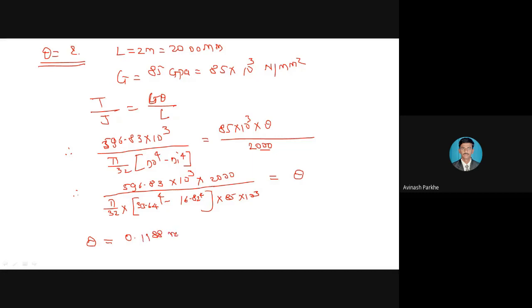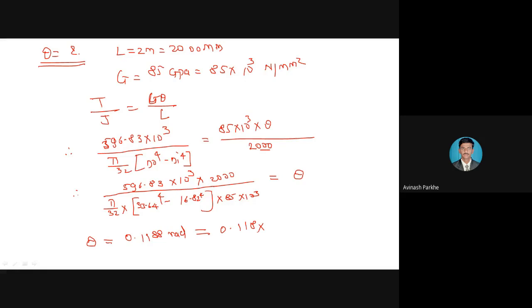0.1188, I think, is the answer. 0.119. I can consider 0.1188 or 0.119, it is also accepted. No problem. To convert from degree to radian, we multiply by pi by 180.